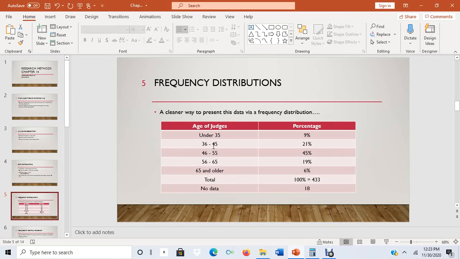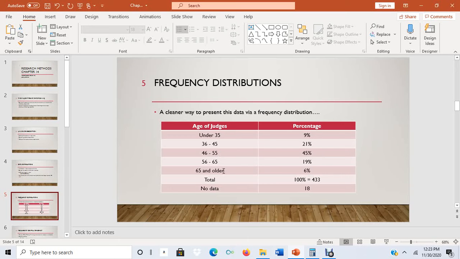So here is an example of a frequency distribution as it would apply to those ages of judges, okay? So what I've done is I've listed here the age categories. So we have under 35, 36 to 45, 46 to 55, 56 to 65, and 65 and older.